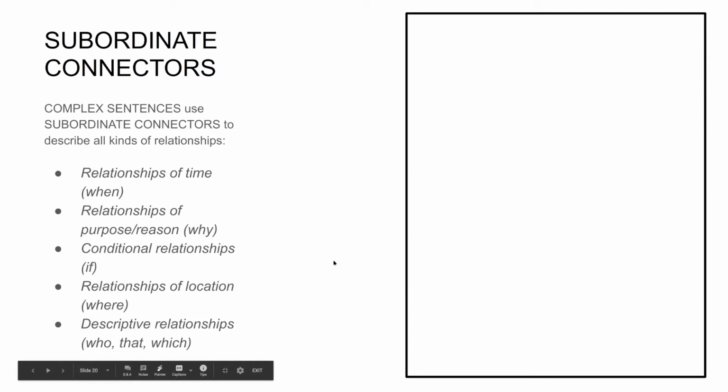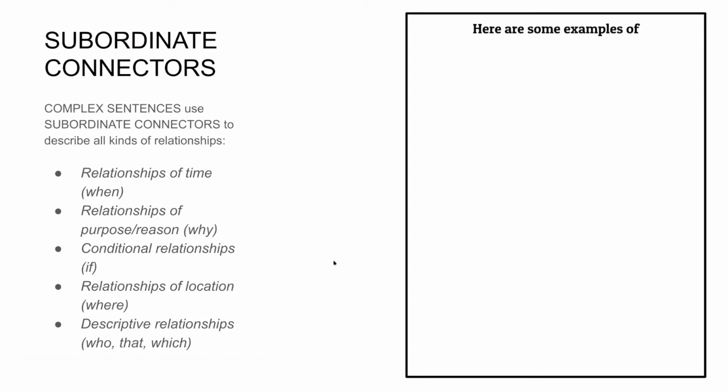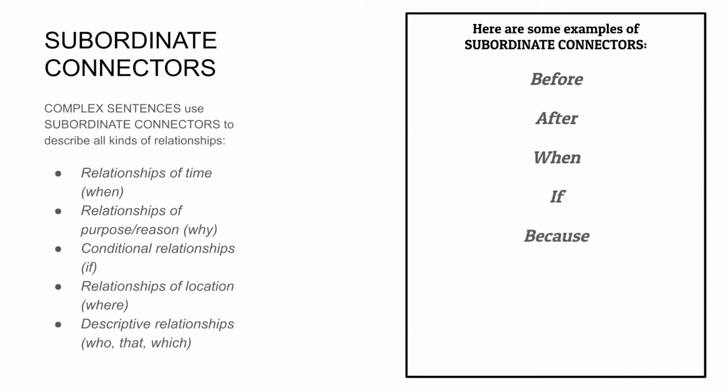Now, everyone, look on the right side of the screen. Say these words with me, because if we can learn these connectors, then we can recognize that they help give more interesting information. So here are some examples of subordinate connectors. Everyone say these together. Before, after, when, if, because, while, who, that, which.